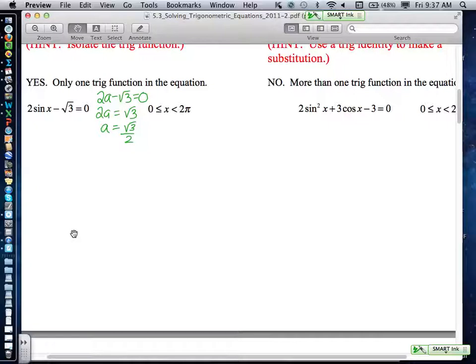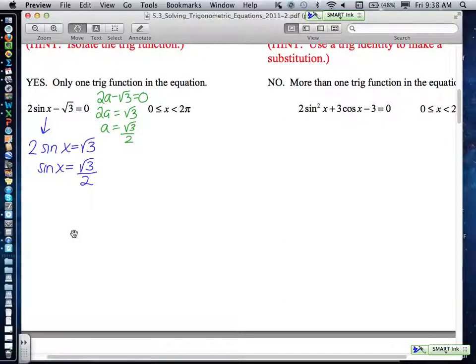So I'm going to do the same thing, only this time there's a sine x. The sine x I'm going to treat as my variable. So as I work through this problem, I'm going to add root 3 to both sides of the equation. So I have 2 sine x equals root 3, and then I'm going to divide by 2. I get sine x equals root 3 over 2.